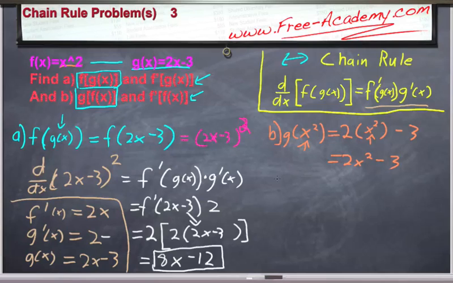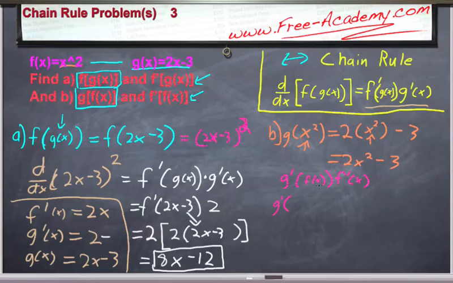We'll do the exact same process for problem B. We have our f prime, our g prime, our g of x, and our f of x. Because we're flipping the order, we just change this in the equation, and I'll rewrite it really quick. We'll need g prime of f of x times f prime of x.